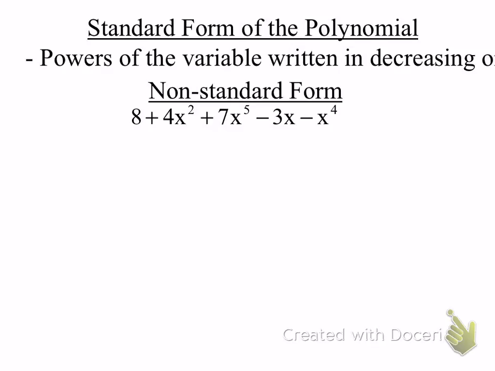So this would be non-standard form. And this would be me putting it in standard form. What's the biggest exponent in all of these terms? Luca? 5. So I would write that term first, positive 7x to the 5th. You always write this in standard form unless they ask differently. The next one would be, Teddy?